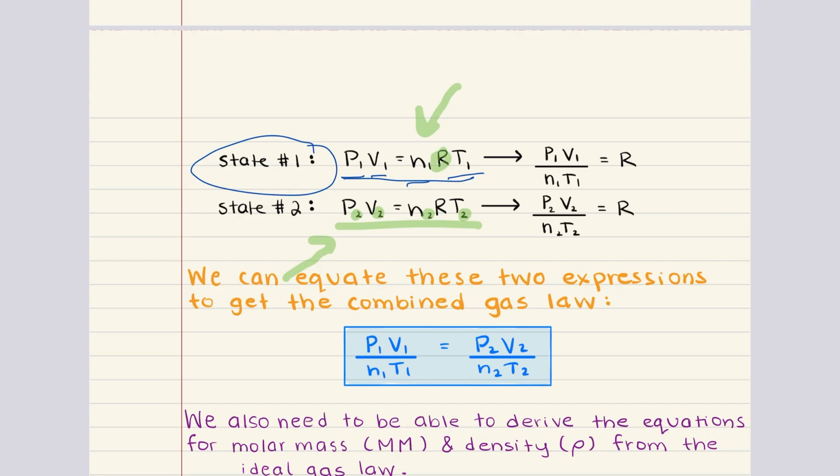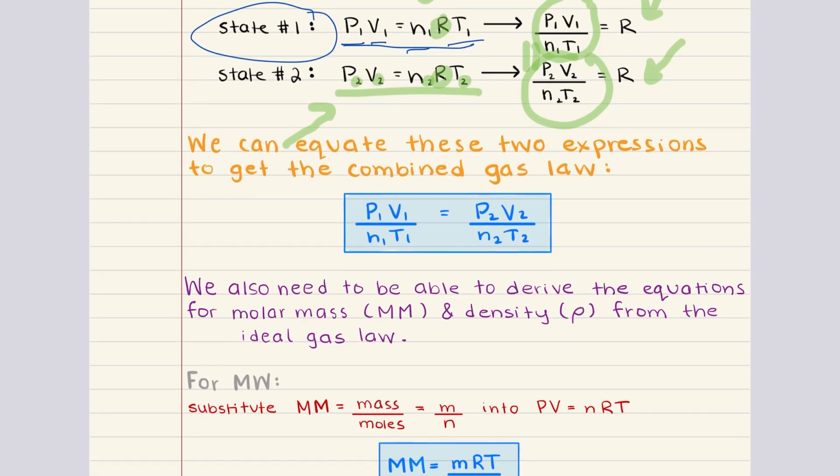Since R is a constant, for both of these equations, we can go ahead and isolate it on one side of each equation. And that gets us the following two equations. Since both of these expressions are equal to R, we can actually set them equal to each other as well.